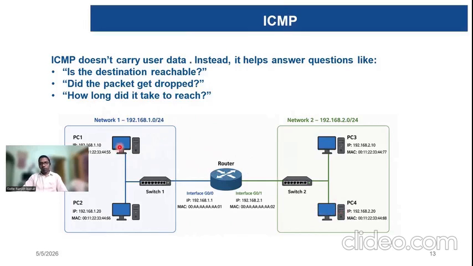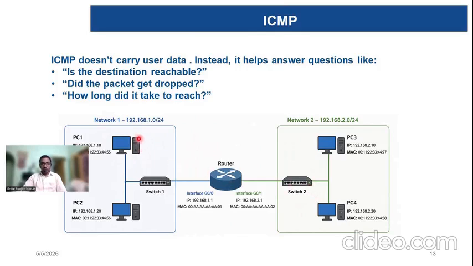If there is no packet loss, then ICMP protocol will decide that communication can be started, meaning the destination is reachable. Then, after the ICMP confirms that the destination is reachable, actual data will be sent from the sender to the receiver. These are the roles of ICMP protocol and ARP protocol.